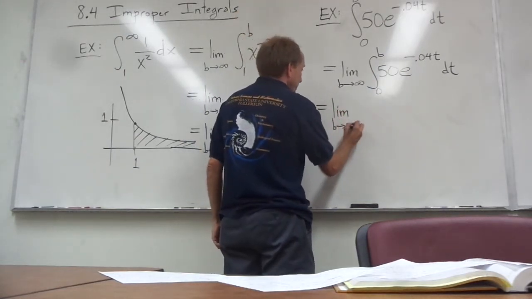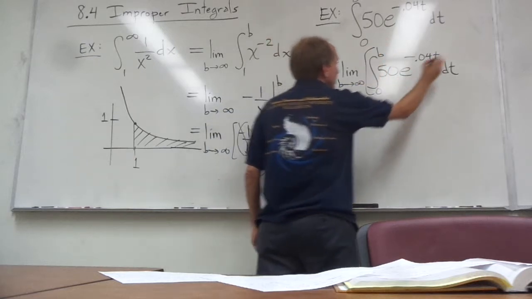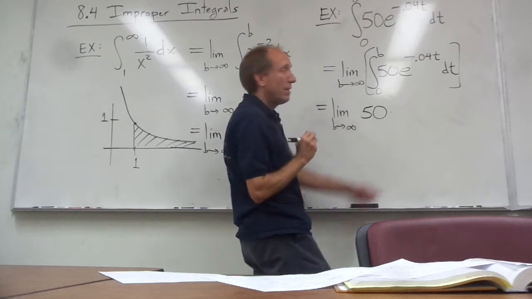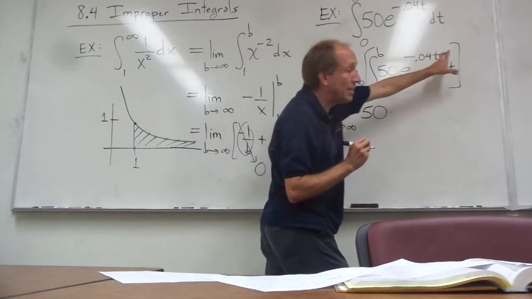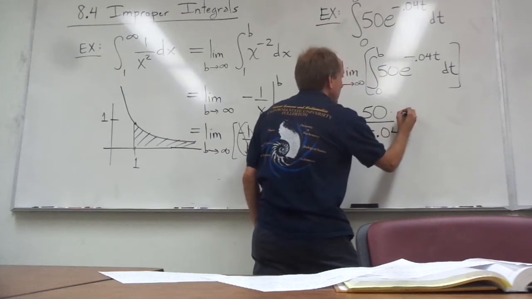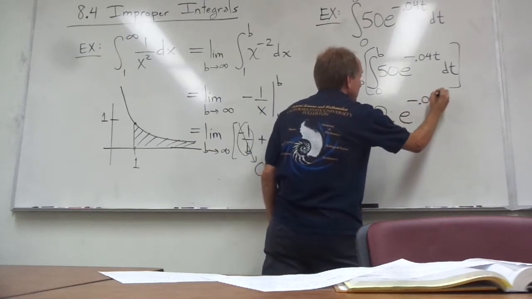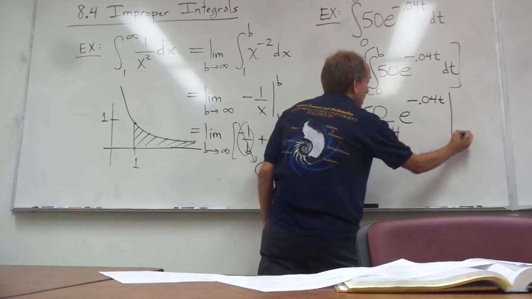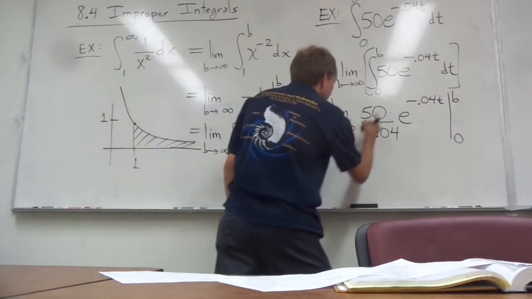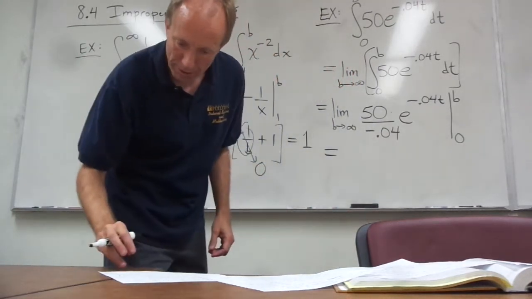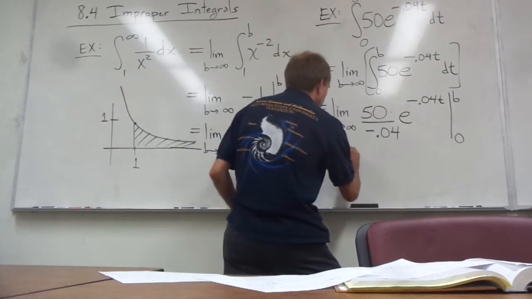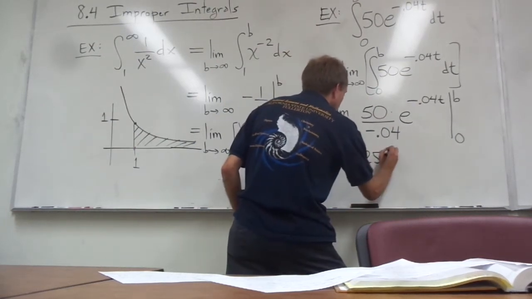So here we go. To do this antiderivative, I'm going to pull the 50 out. This is just e to the at, right? So if you remember, we have to divide by the a, and then we just get e to the negative at again. We're going to evaluate that between our two limits. So we have 50 divided by negative 0.04, which is negative 1,250.